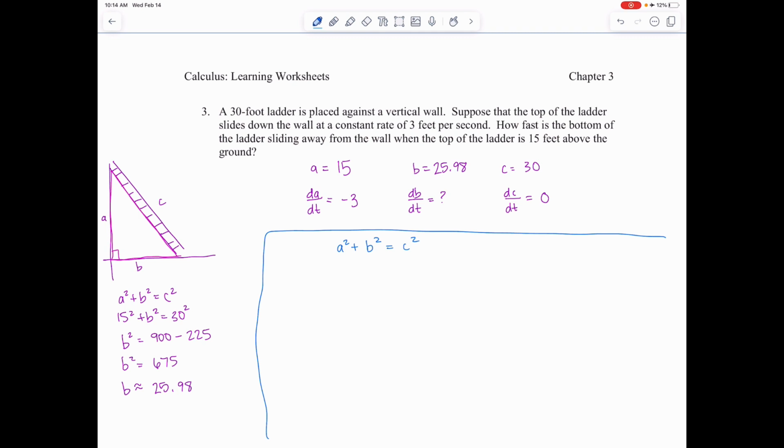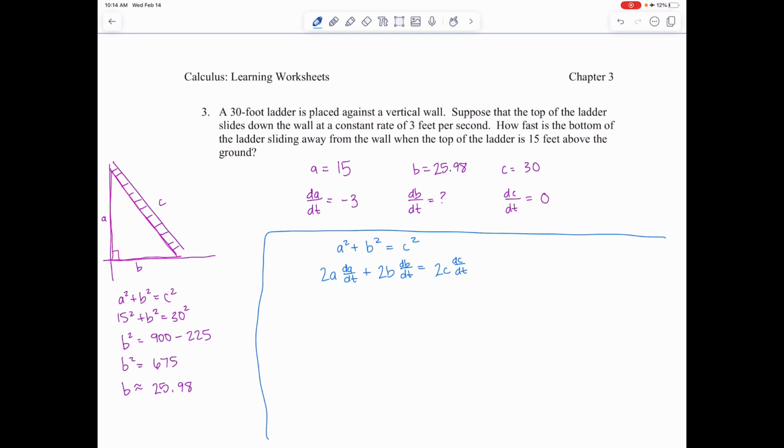So the derivative of A squared, 2A dA dt, derivative of B squared, 2B dB dt, derivative of C squared, 2C dC dt.